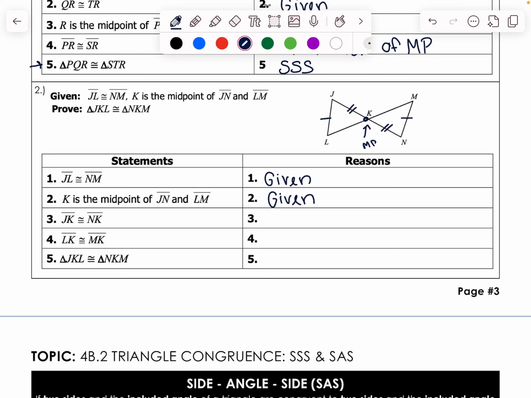So I can say JK is congruent to NK because of the definition of a midpoint. Same thing with LM. It cuts LM in half, so again, those are going to be congruent because of the definition of a midpoint. Once I prove all 3 of those sides congruent, we can say the triangles are congruent by side, side, side.